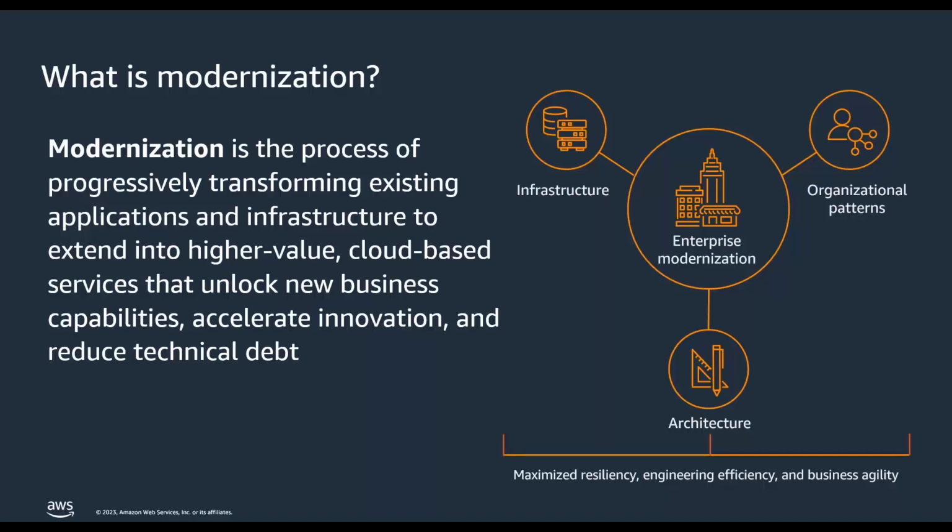It reduces technical debt, and more importantly, it also reduces the total cost of ownership because customers do not have to end up paying licensing costs for commercial products. Here at AWS, we like to think of modernization as a journey that includes enterprise compute, infrastructure and architecture patterns, people and process. So it's an operational and governance paradigm shift for maximum resiliency and efficiency so businesses can innovate faster.